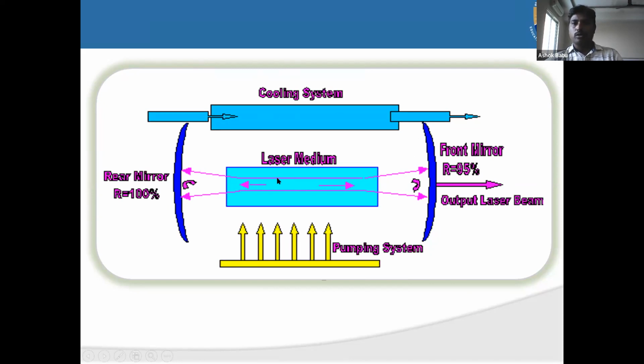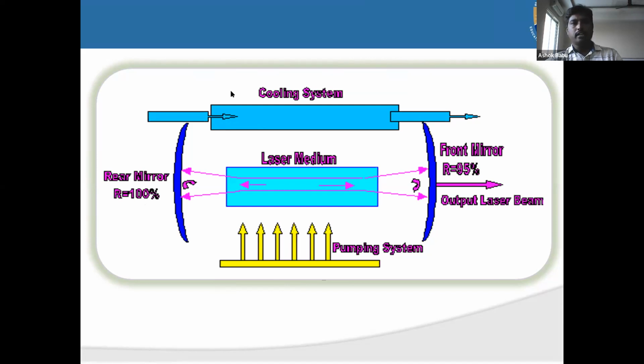In the laser medium, the total lasing action takes place. To give the optical feedback, the photons undergo multiple reflections between the two mirrors until sufficient intensity, and then the output laser comes from the partially reflecting mirror. This is all conducted in the cooling chamber because while producing the laser, the operators could be heated, and there is a chance of damage to them.